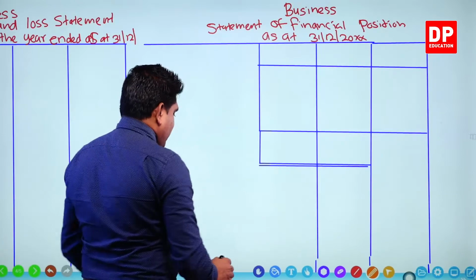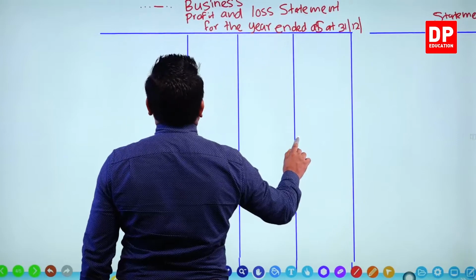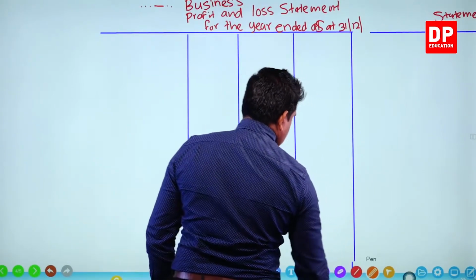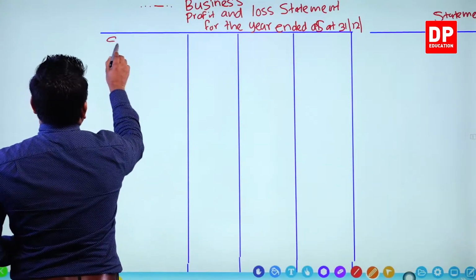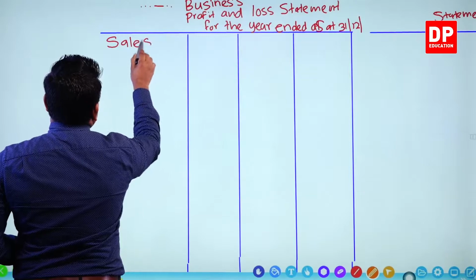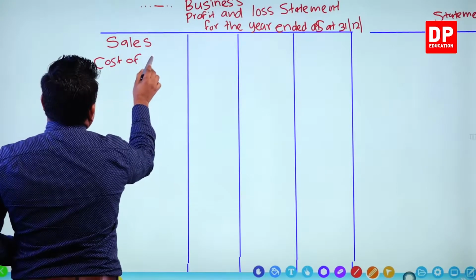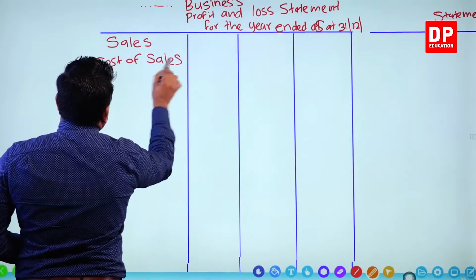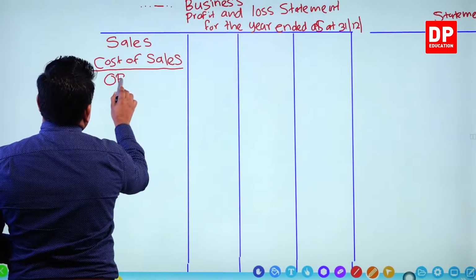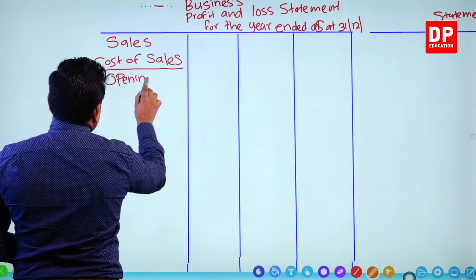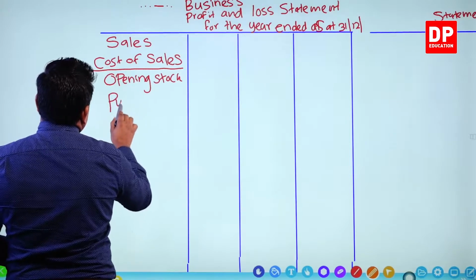Okay, now we can classify details. On the top, what we write in the profit and loss statement, I think you remember. We have practiced more questions now. On the top we write sales. After that, cost of sales. Here you underline, and opening stock. After that, purchase.